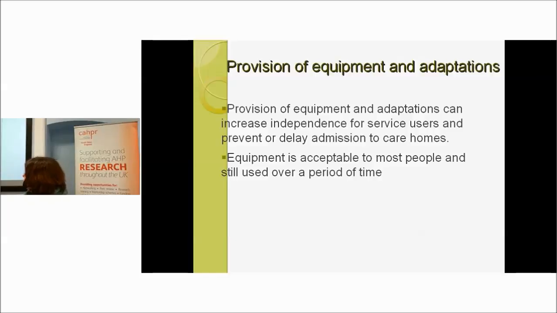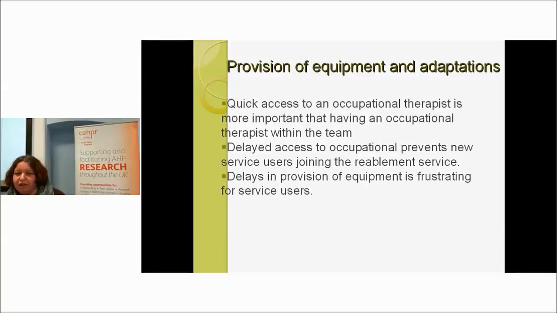That equipment was acceptable to most people and still used over a period of time. So that acceptability was the mechanism. That quick access to OTs was more important than having OTs within a reablement team, a context. And delayed access prevented new people joining the reablement service and also could be frustrating for service users.